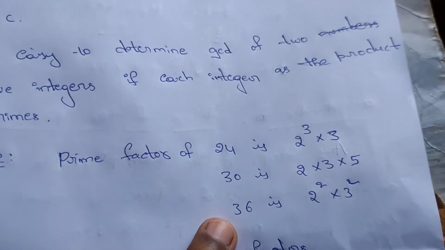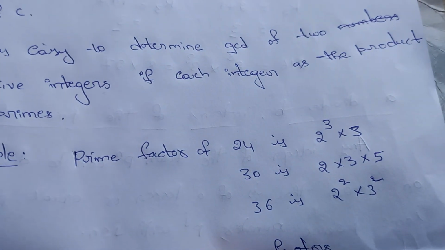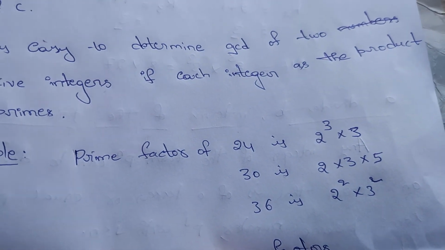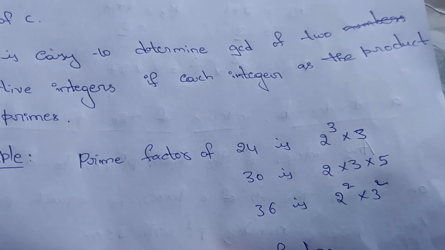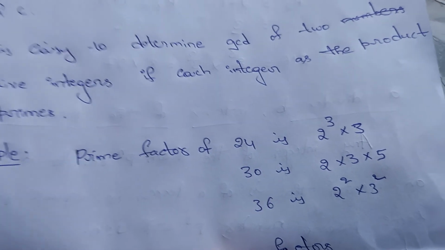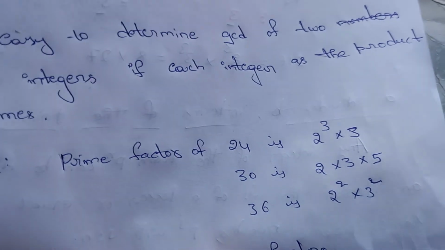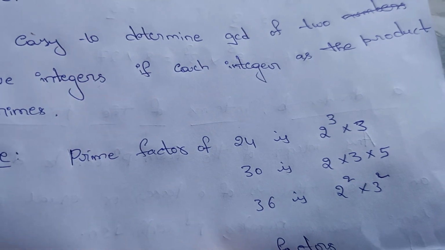Here GCD of 24, 30, 36. First we need to find the prime factors of 24. Prime factors are the multiples of primes only: 2, 3, 5.